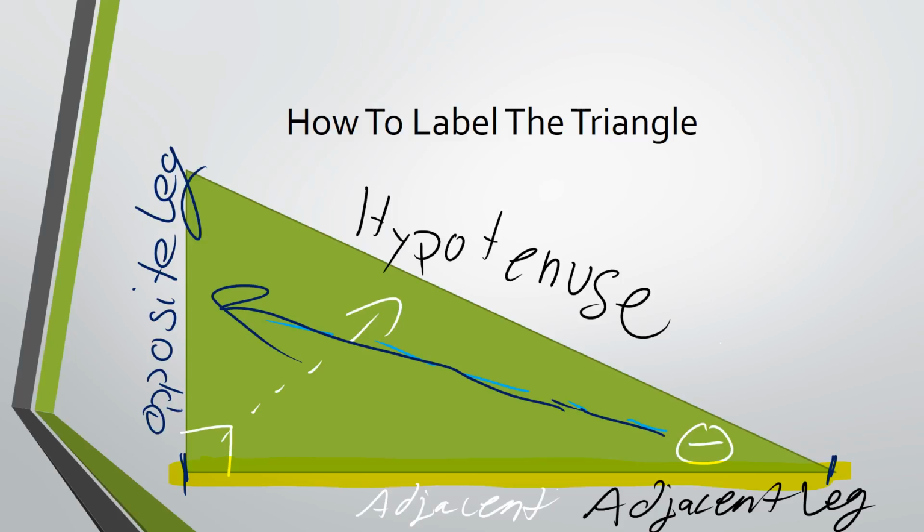So in trig, we use these three sides and use measuring the angles. So we can use the sides to find out what the angles are, or we can use the angles to find out what the sides are. So one of the ways we can use this is by using the trigonometric ratios, one of which is called the sine.